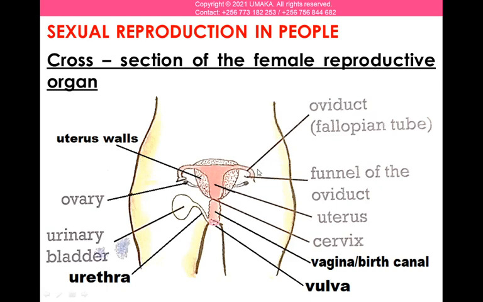It is here. So those are the parts we have, and we said this organ is protected by the pelvis, and that is the cross section of the female reproductive organ.